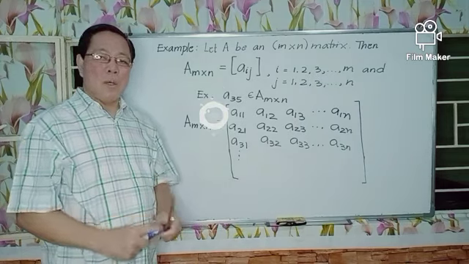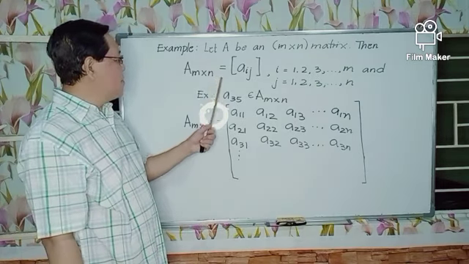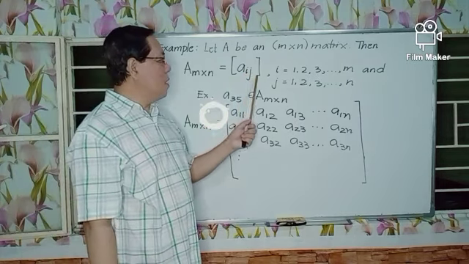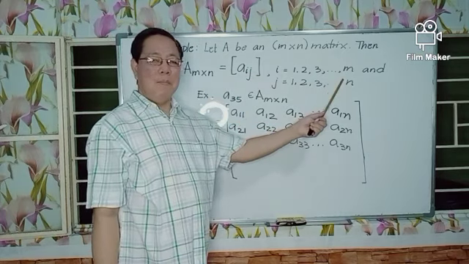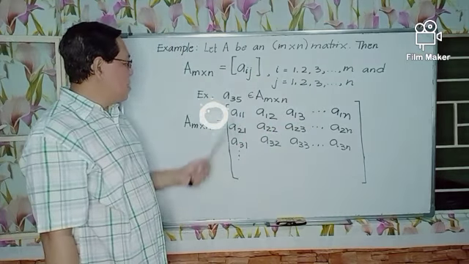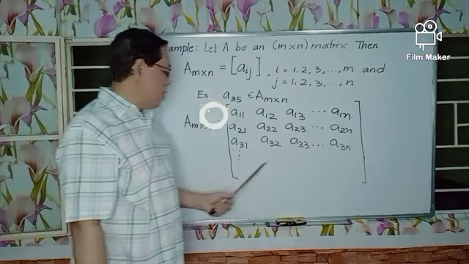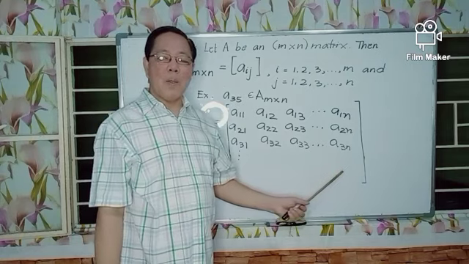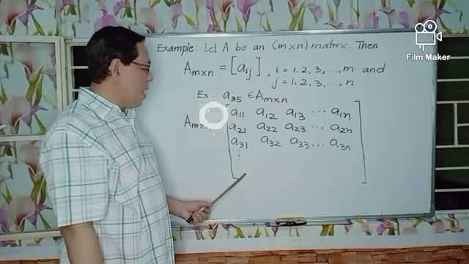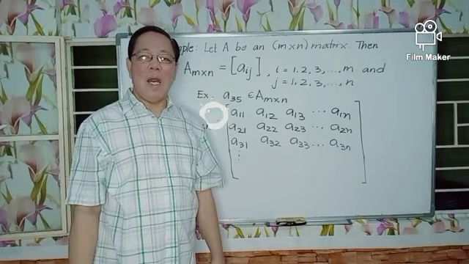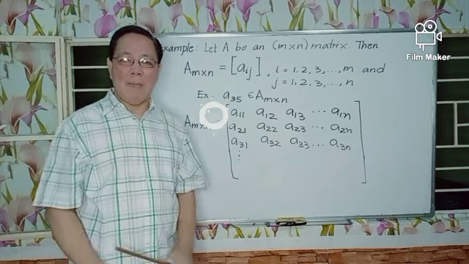And the last row entries will have the same subscript of m, because matrix A has m rows. So the last row is the mth row, and all the entries in the mth row will have the same first subscript m.